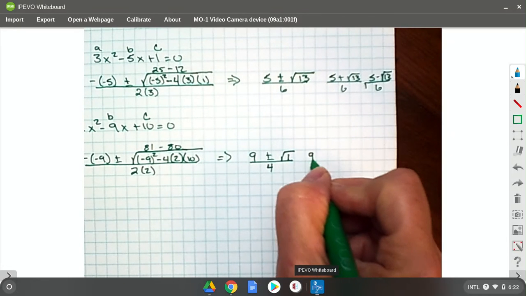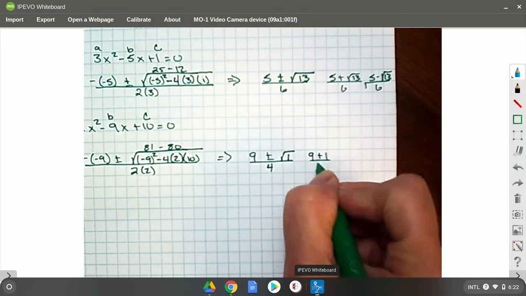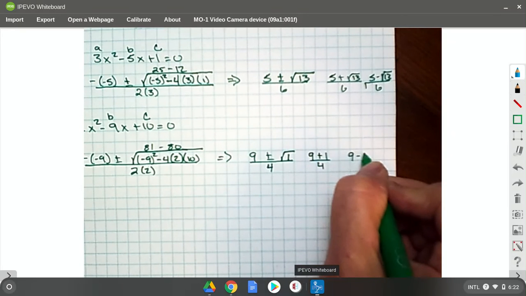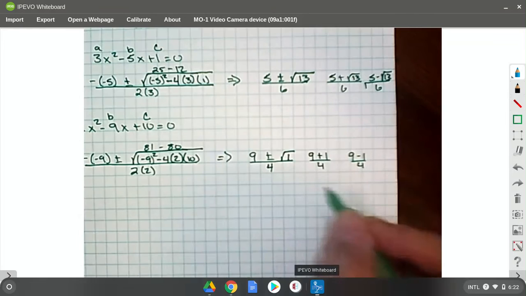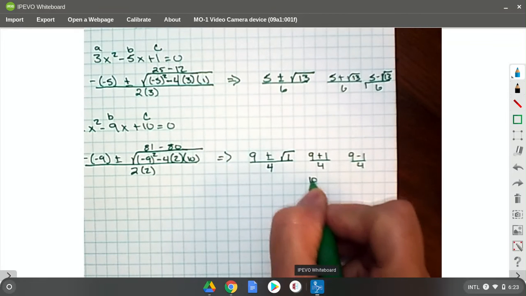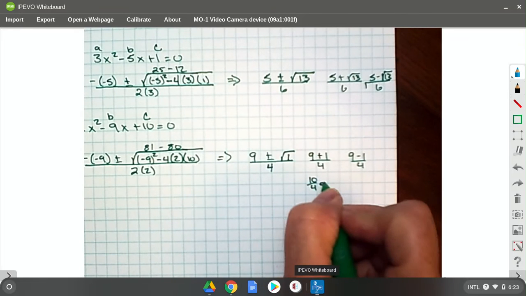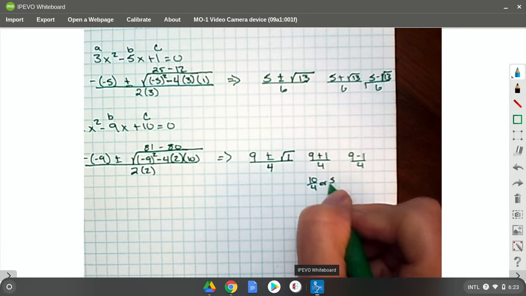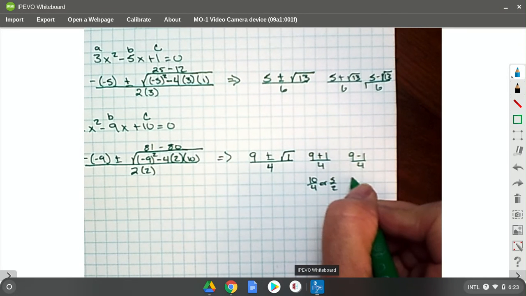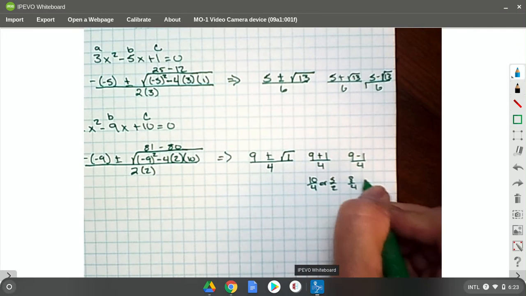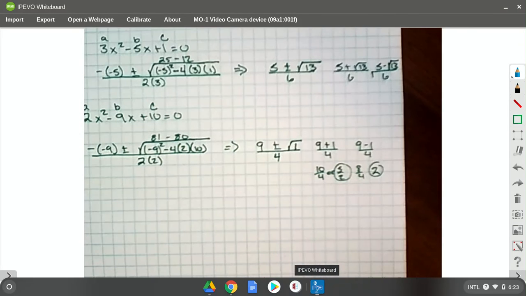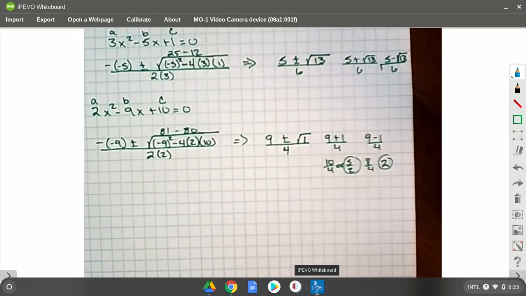So I have 9 plus 1 over 4 and 9 minus 1 over 4. So I have 10 over 4 or 5 over 2, and I have 8 over 4 or 2. So my solution set is 5 halves and 2.